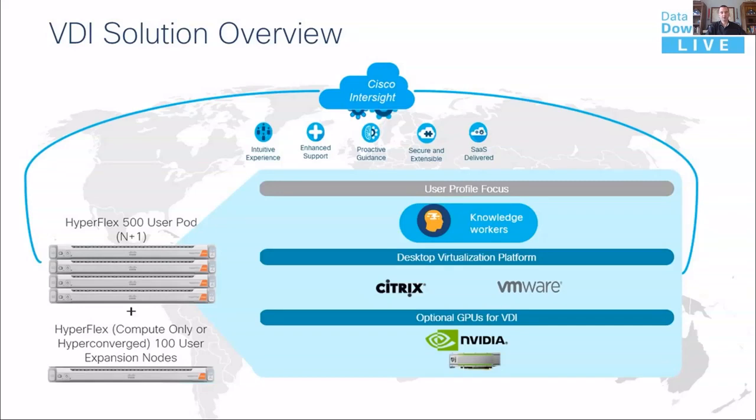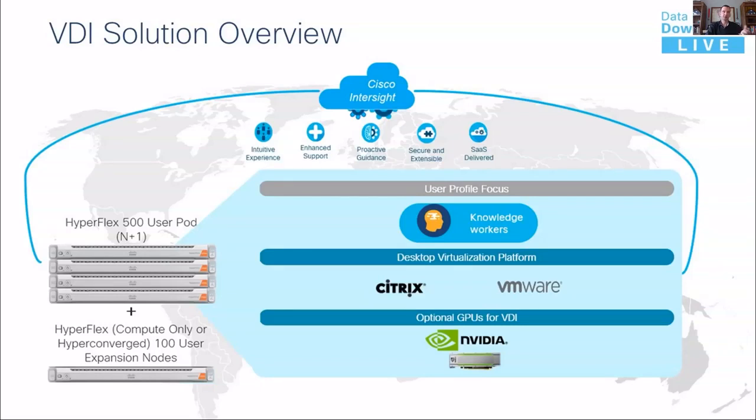So when we went to market with being able to address both of those scenarios, we said, okay, well, let's start off with about 500 users, a traditional knowledge worker profile, if you will. There's different end user types when you start to consider VDI. Knowledge workers, a pretty good roundabout way to position a remote worker. Again, you're going to layer a desktop virtualization platform on top of the infrastructure.